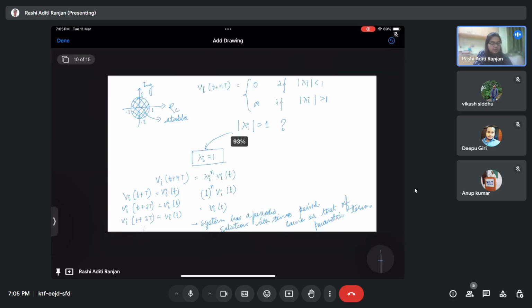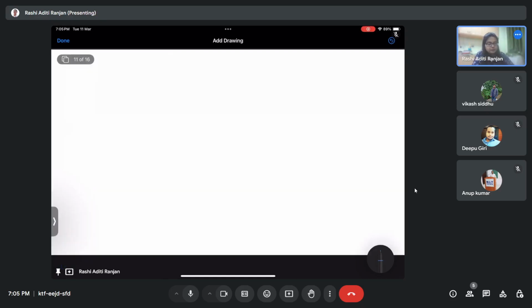We'll consider the next case in the next slide, which is for lambda i equal to -1. In that case, what is going to happen? In that case, we have Vi of t plus nT. So what do I get? I get that Vi is Vi of t if n is even, minus of Vi of t if n is odd.